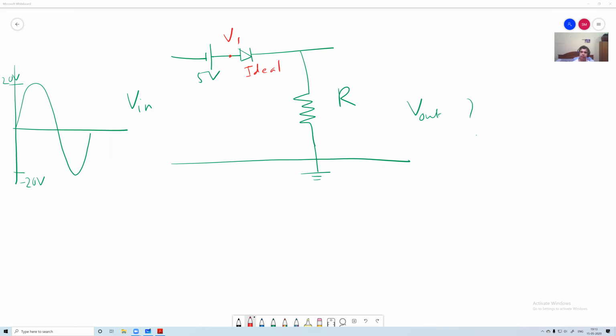Okay. And how will the current flow? Obviously, the current will flow this way. I will flow like this.